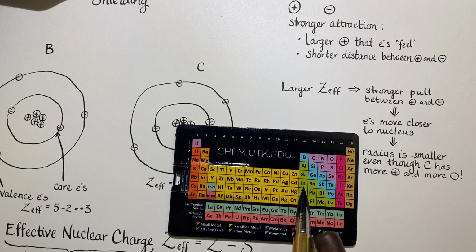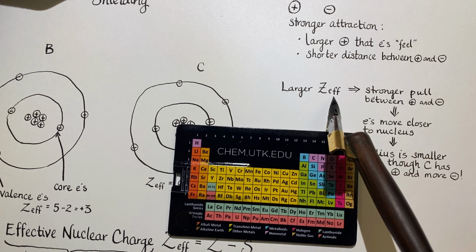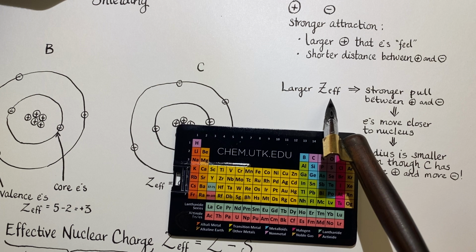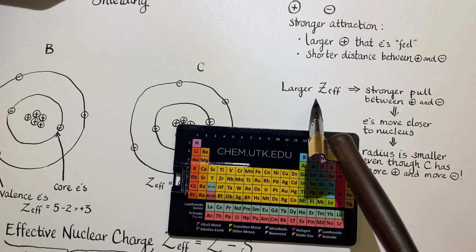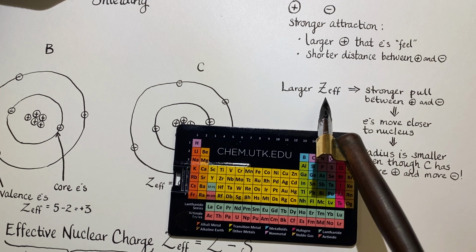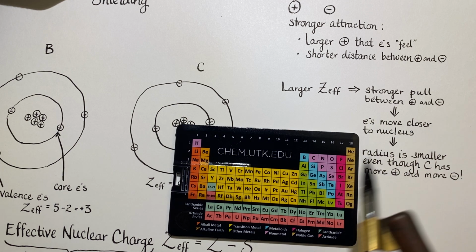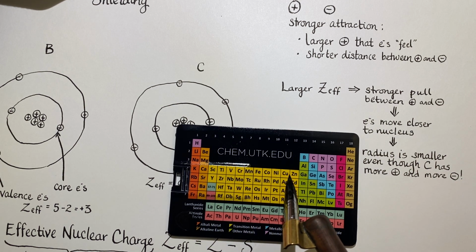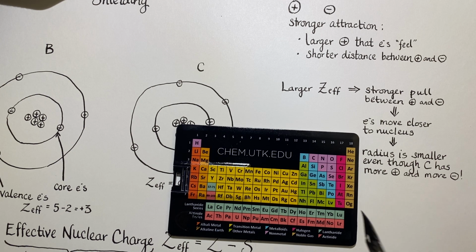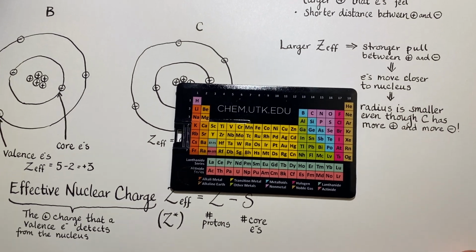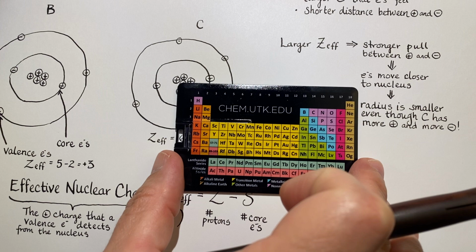The explanation as to why is because it has a greater effective nuclear charge. So whenever you're explaining, you'll want to bring in effective nuclear charge when you're talking about going across a period. Now, going down a group is a little bit different, and I will end on that.